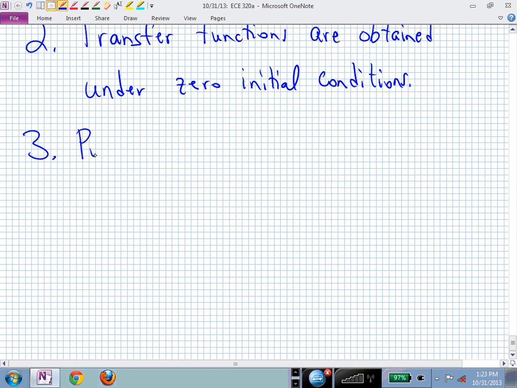3. The poles of H of s, are those the roots of which polynomial? Numerator or denominator? That's downstairs, isn't it? It's the denominator. The poles are downstairs.